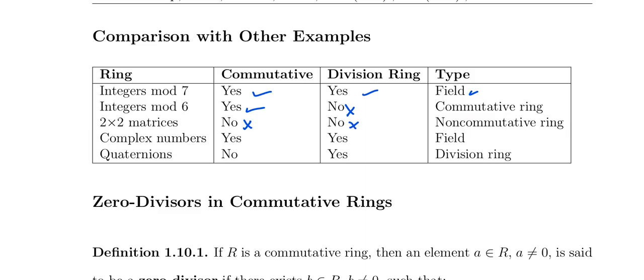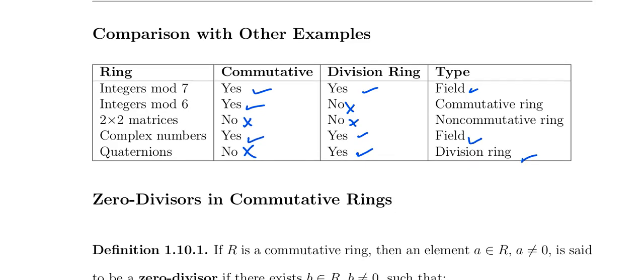Complex numbers are a commutative ring and a division ring, and a field. The set of quaternions is not commutative, but it is a division ring. This is the example for a division ring. This table is very useful to you.